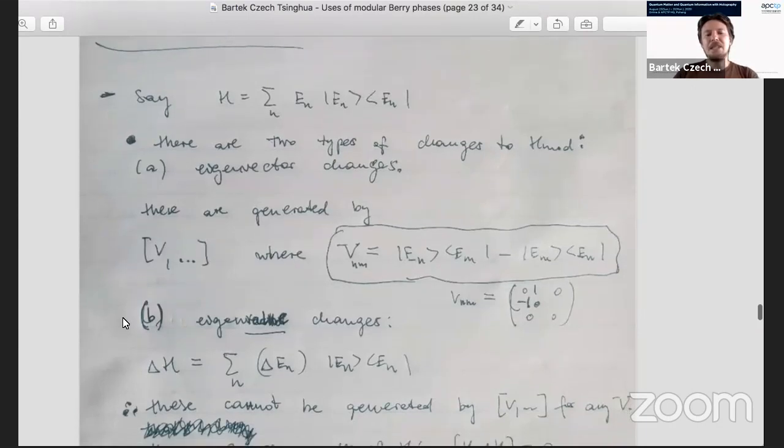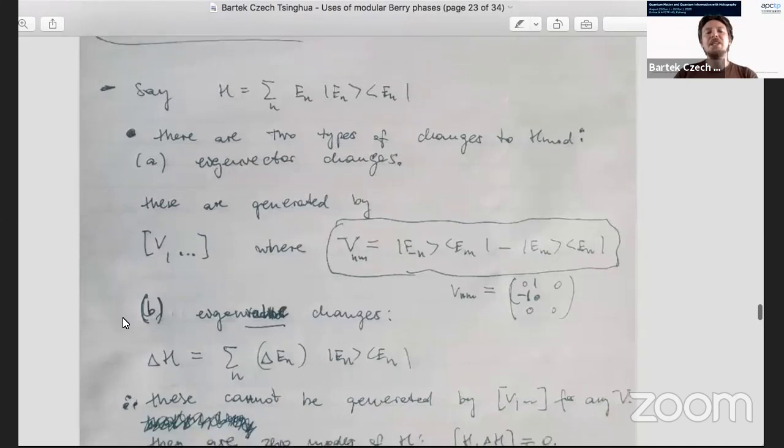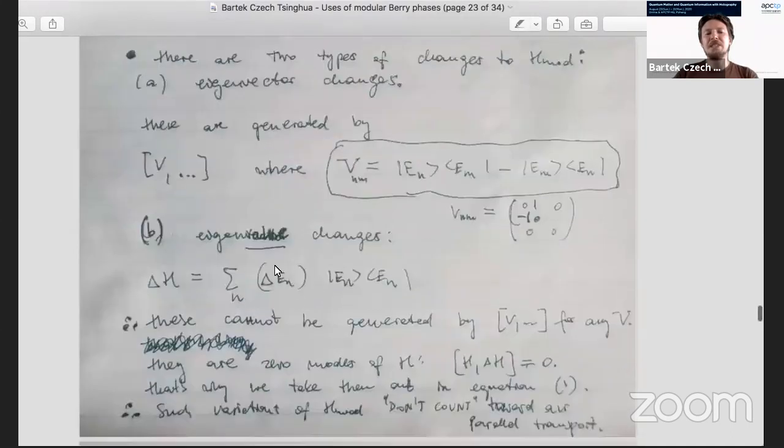Now, there is a second type of change to H, which is, what if we just change the eigenvalues? So I keep the same basis for H, but I am changing around the eigenvalues. Because e to the negative H is the density matrix, and the density matrix satisfies the condition that the trace of rho equals 1, we can't really independently vary these energy eigenvalues.